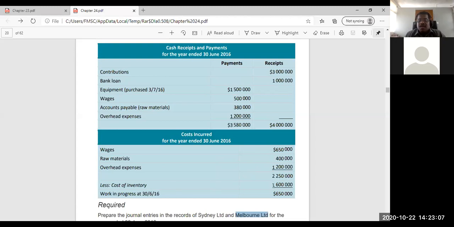2,250. Cost of the inventory is 1,600. This is the total production cost. From this production cost, work in progress is so much. So thereby, this is the finished goods cost, inventory cost, not the raw material.